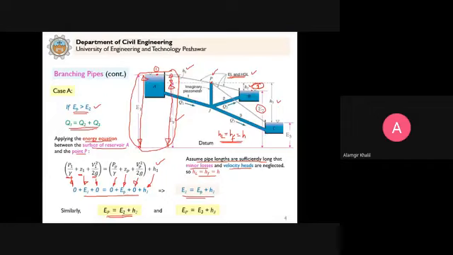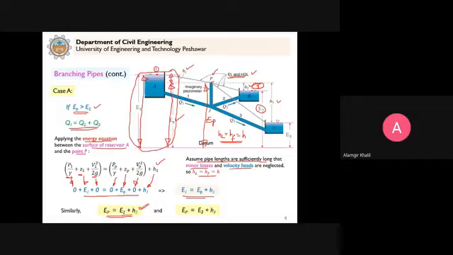You can see here this is E2, and this is EP. So this EP is equal to H2 plus E2. This is the relationship that we will get: EP is equal to E2 plus H2.